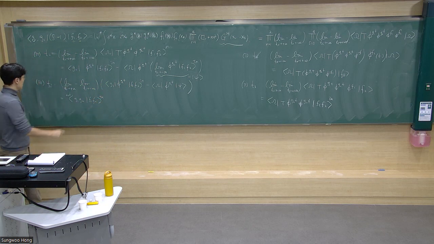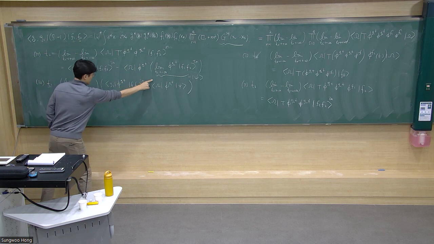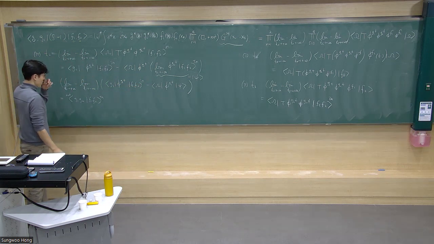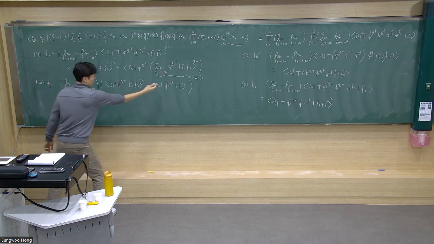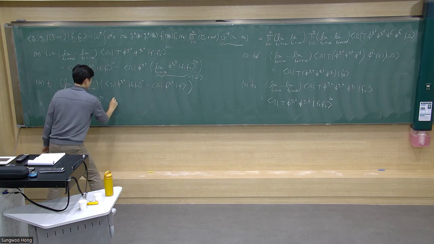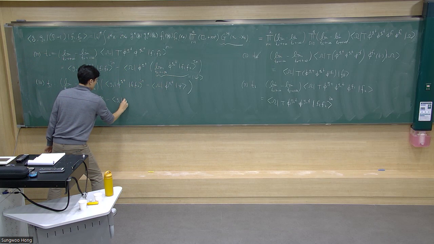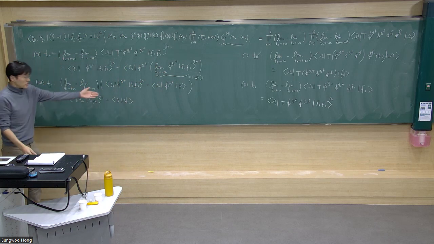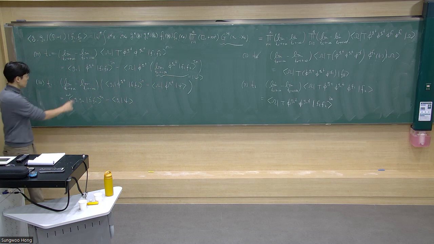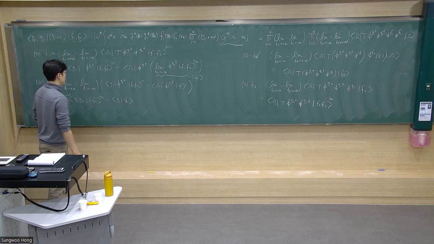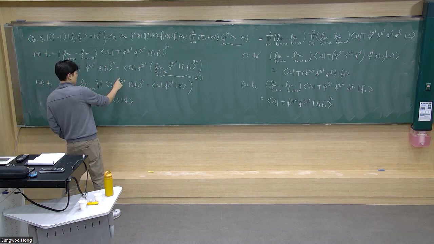Let's look at that. So that gives me minus. When this guy acts on here, I'm gonna create G1 overlap with some state that I don't know exactly what it is. Okay, let's work out that one. Now I'm gonna take this guy.